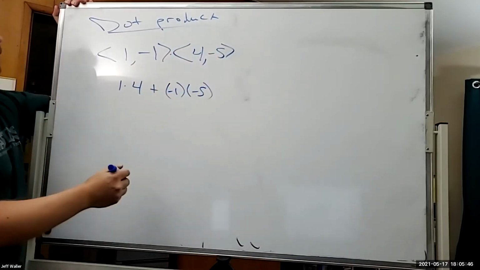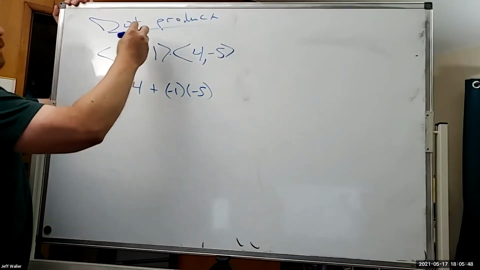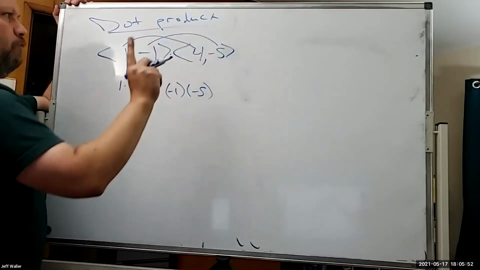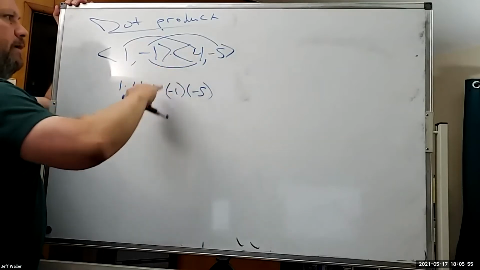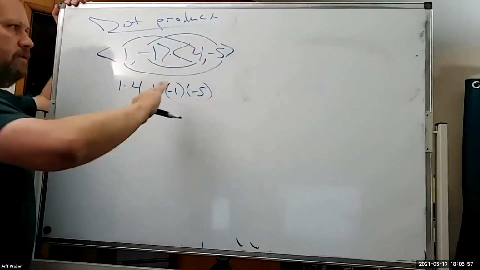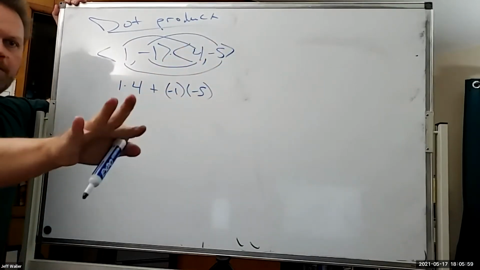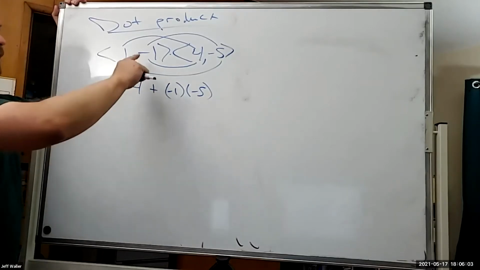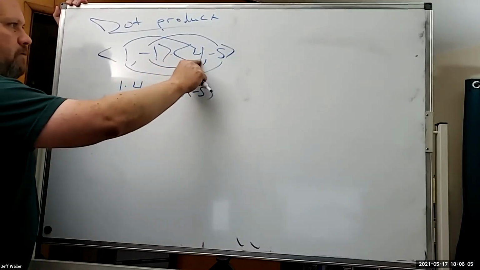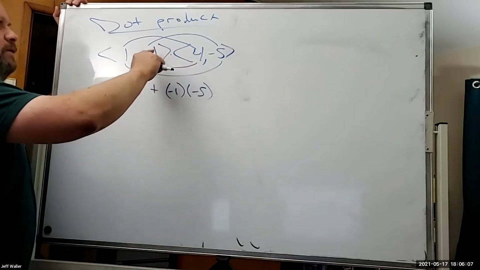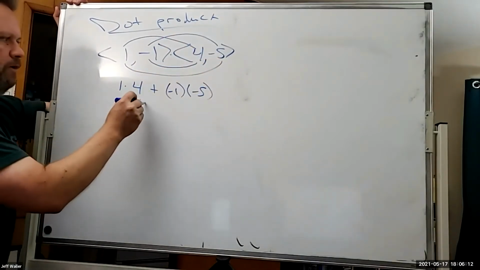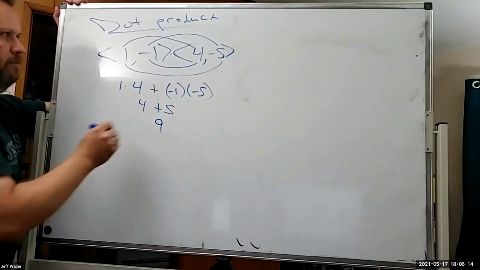Just to show it all the way out, right? Because i dot i is 1, j dot j is 1, j dot i is 0, i dot j is 0. We talked about all that behind the scenes. So now I can just use the shortcut. It's component times similar component plus the other component times similar component. Bam. So it's 4 plus 5, 9.